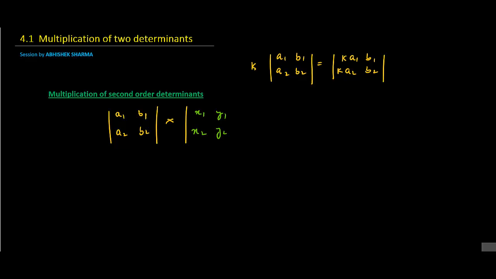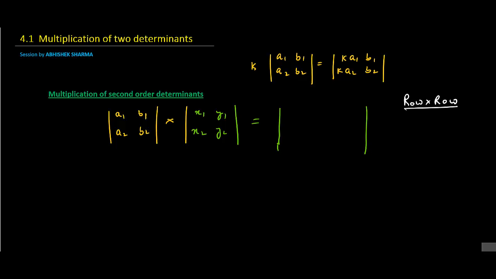Suppose we have to multiply these two determinants. Right now I am illustrating the process of multiplication for row into row. We'll see the others in the course of time, but right now we are focusing on row into row.